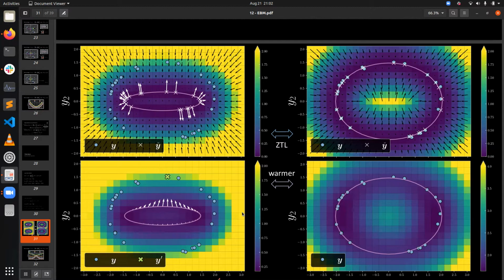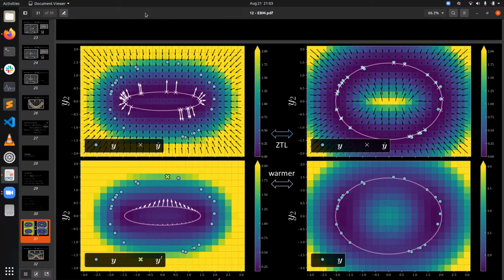Yeah. And that's why we can use that simplest loss function there. We do not care about pushing up the data points outside of the data manifold, because our energy function is designed in a way that it can output low energy only on the ellipse.